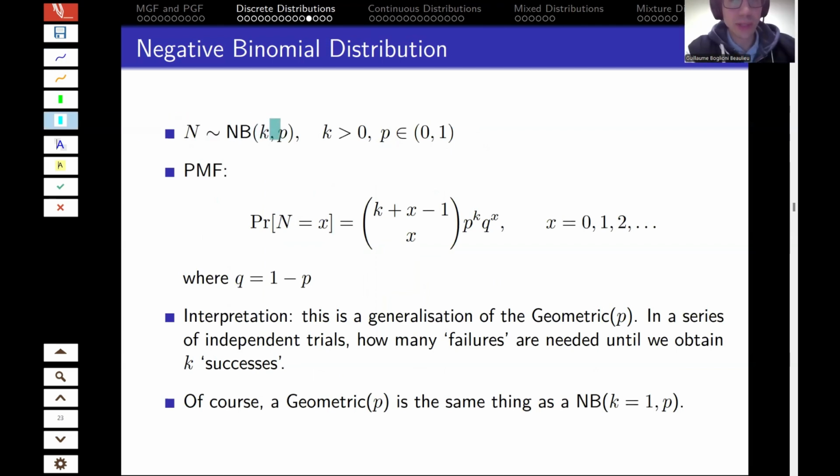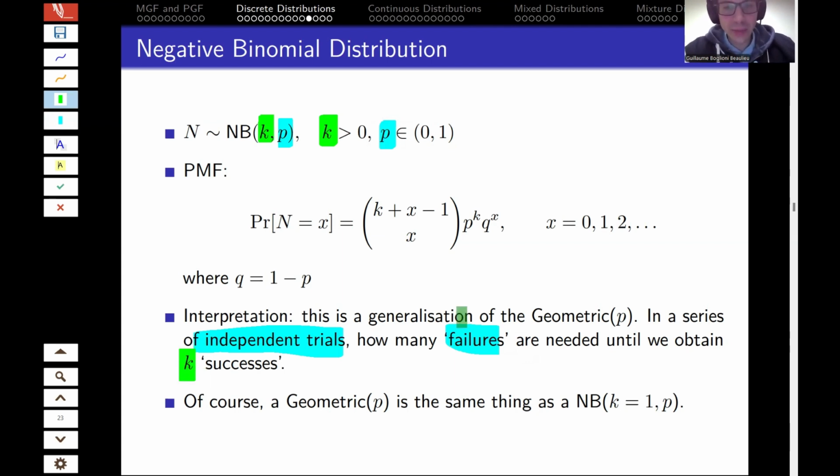So this is a discrete random variable with two parameters, K and P. We have P, as with the geometric, which you can view as a probability. Then we have this other parameter, K. Let's first recall the interpretation of a negative binomial. This would be a random variable that counts, in a series of independent trials, how many failures are needed to obtain K successes.